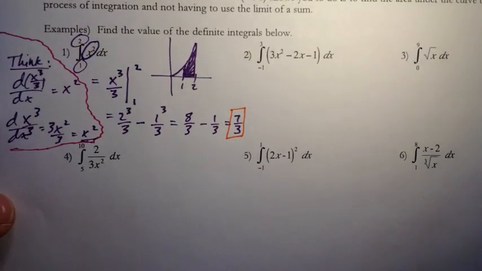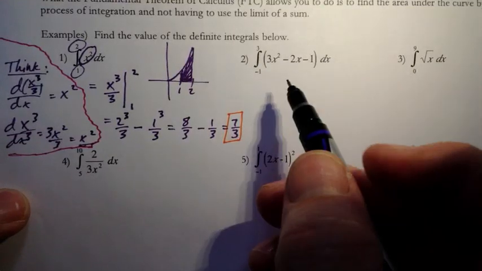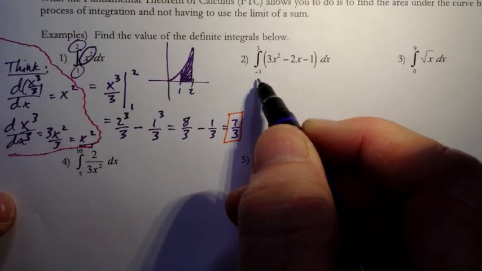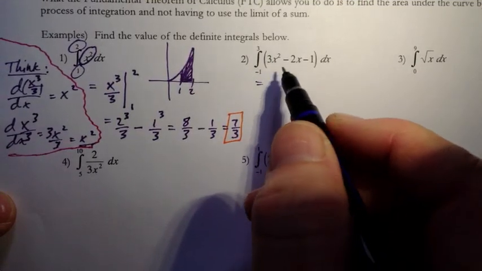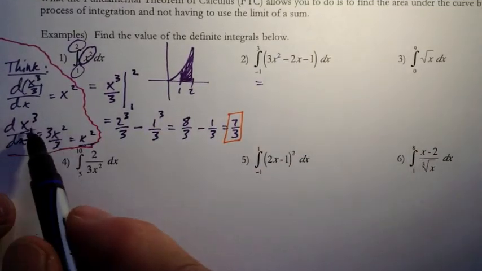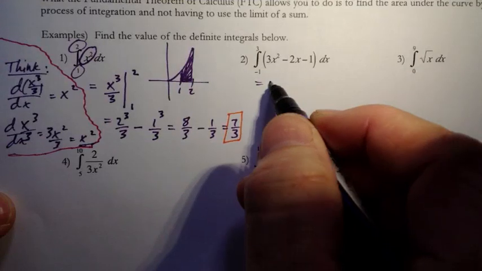Let's try a different one. Let's try number 2. With a little bit of work, and you'll just have to take my word for it, pause the video if this gives you a problem. An antiderivative of 3x squared: we just said that the derivative of x cubed was 3x squared. So we have x cubed.